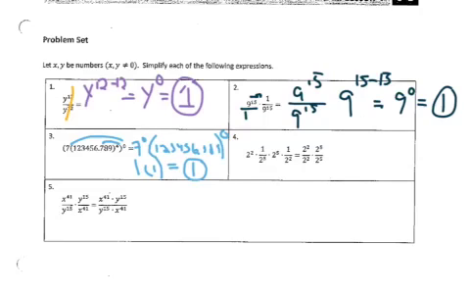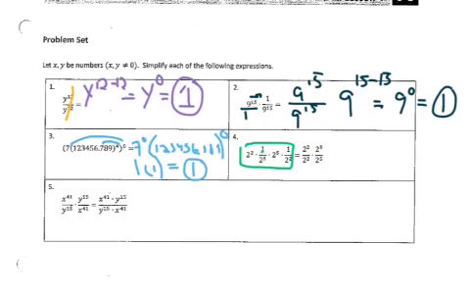For number 4, they're showing you how this right here becomes the other side. So the first thing I would do is multiply everything that's in my numerator. So I would have 2 to the 2nd times 1, which gives you the 2 to the 2nd right here. 2 to the 5th times 1 gives you 2 to the 5th. And now that we have this, we could follow the rules different ways.